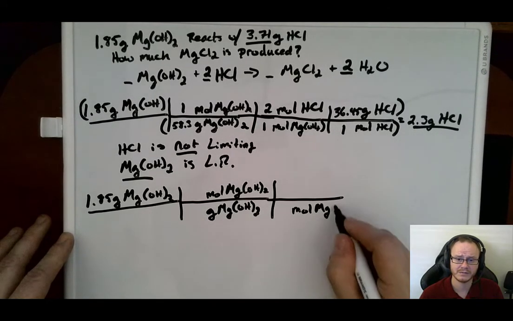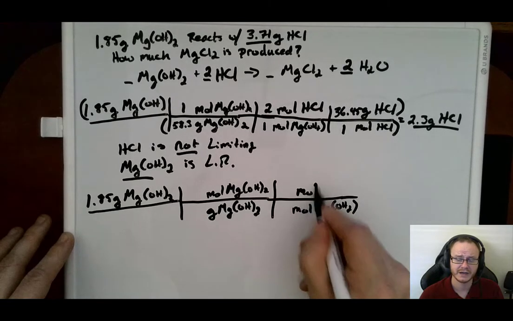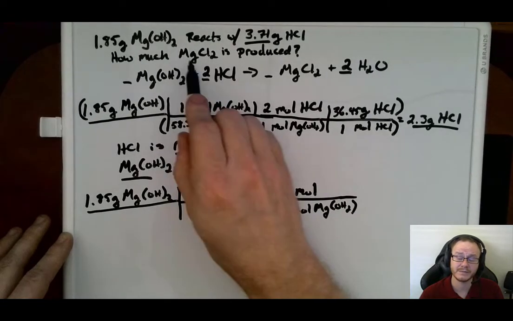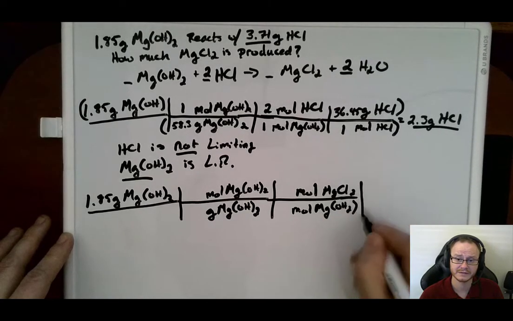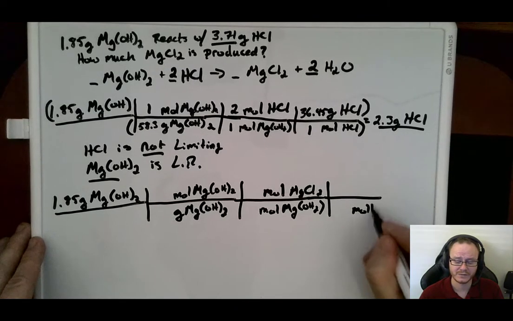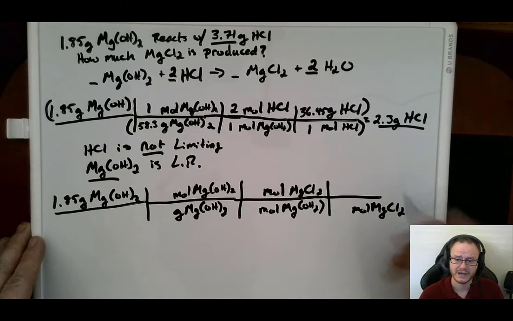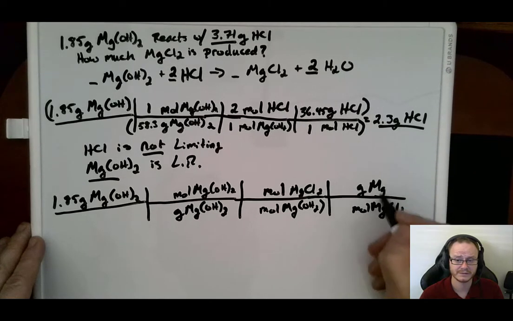I'll keep going. Moles of magnesium hydroxide get canceled and converted to the product we're actually looking for, magnesium chloride. I'll cancel moles of magnesium chloride and convert it to the grams of magnesium chloride that the problem is looking for.